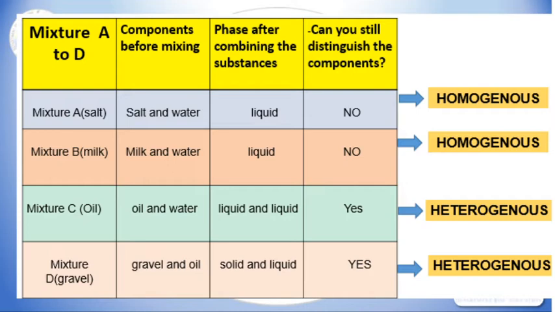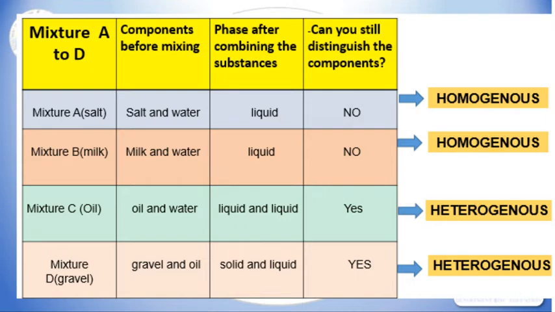Now, look at mixture C and mixture D. They tell us that the components can still be distinguished. You can see oil and water, right? You can also still recognize the two phases when you combine the oil and the water.